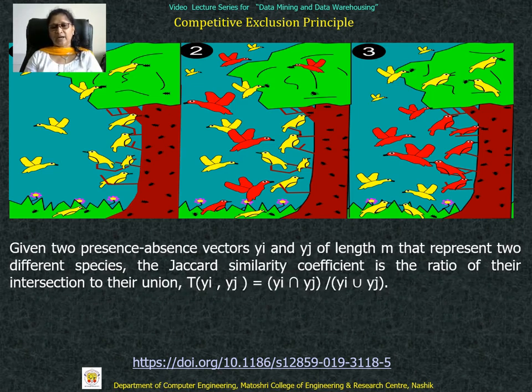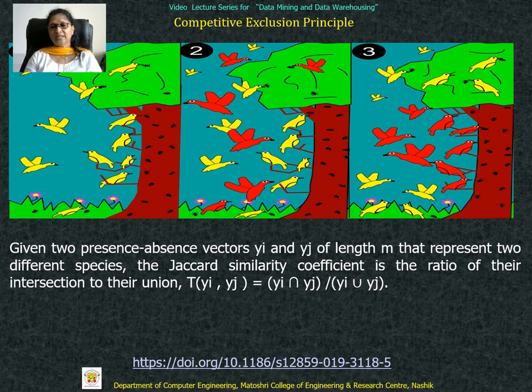Given two presence and absence vectors yi and yj of length m that represent two different species, the Jaccard similarity coefficient is used, which is the ratio of their intersection to their union.